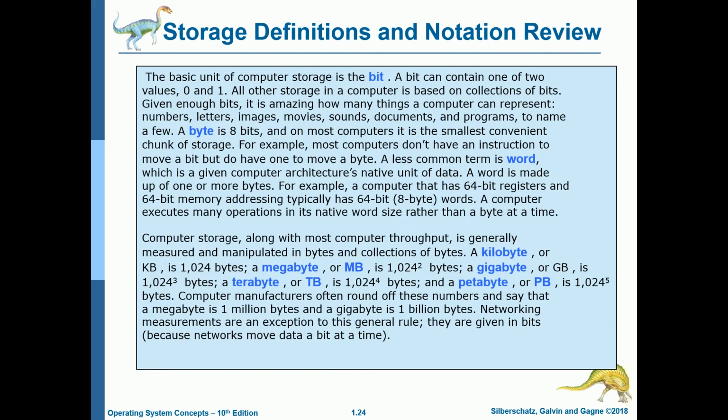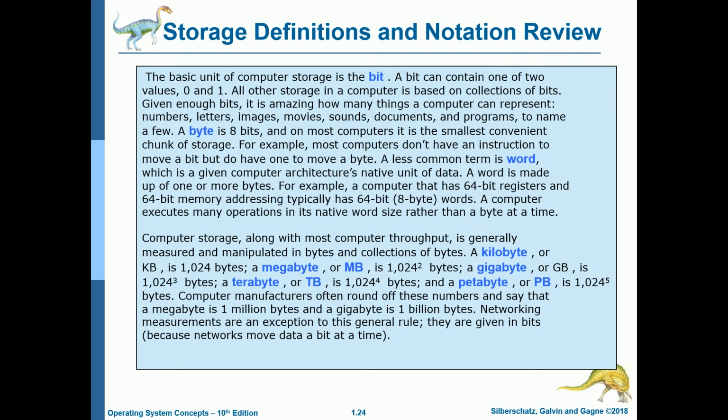So now that we understand the different types of memory, we have to understand some of the basic elements of the computer. First of all, a bit. A bit is the foundational element of this, and it can only contain two values, 0 or 1, false or true, off or on. When we start grouping those into a larger structure, 8 bits compose a byte. And this is usually most computers' smallest and most convenient chunk of storage. It is what we use to store the information in your main memory and your secondary storage.